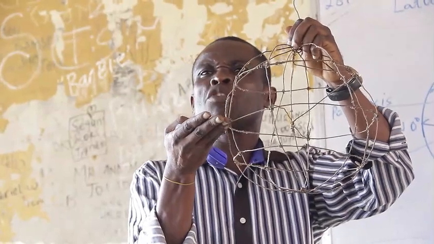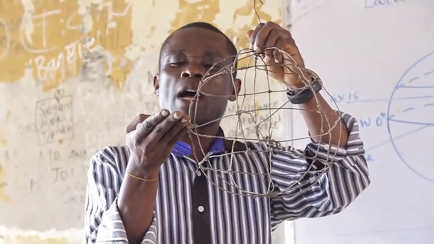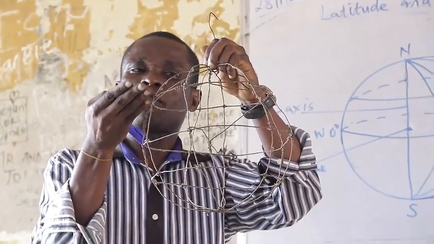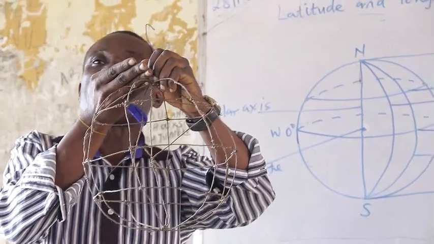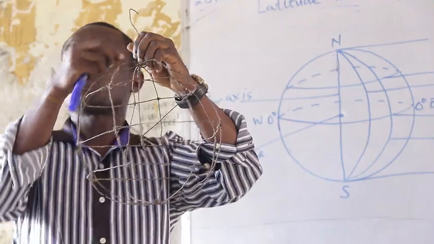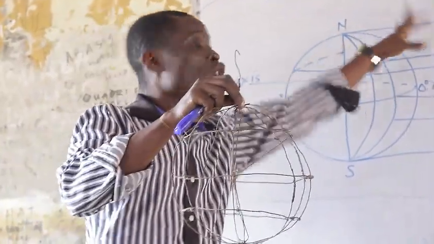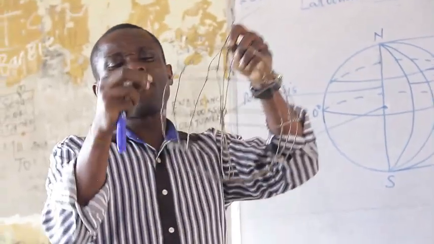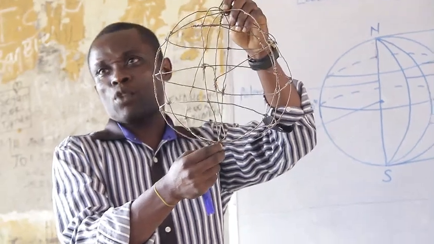This equator is called 0 degree. And when you have 0, 1, 2, 3, 4, 5, up to this point, the highest one you can have here is 90 degree north. Then from here down, we have 90 degree south.